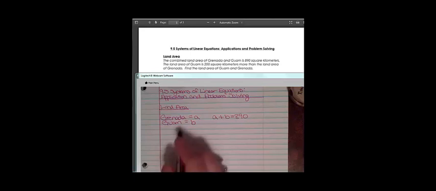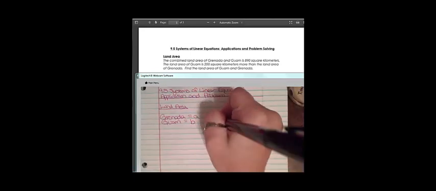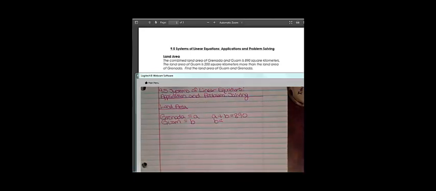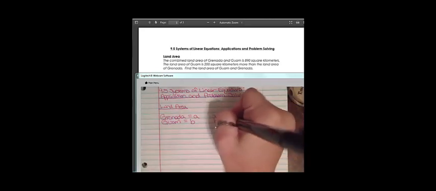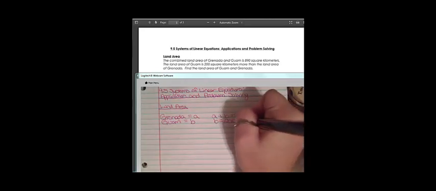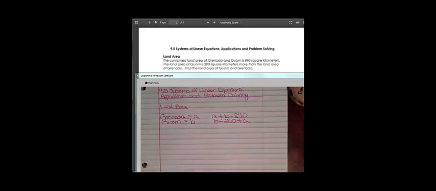So Guam was B, so B is 200 square kilometers more than the land area of Grenada. So we have 200 more than Grenada, so 200 plus A. Find the land area of Guam.